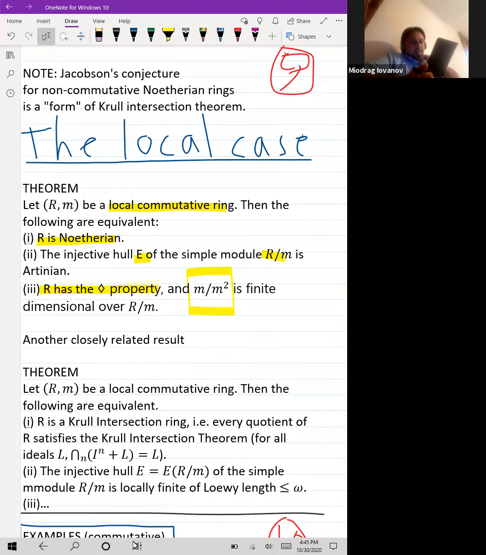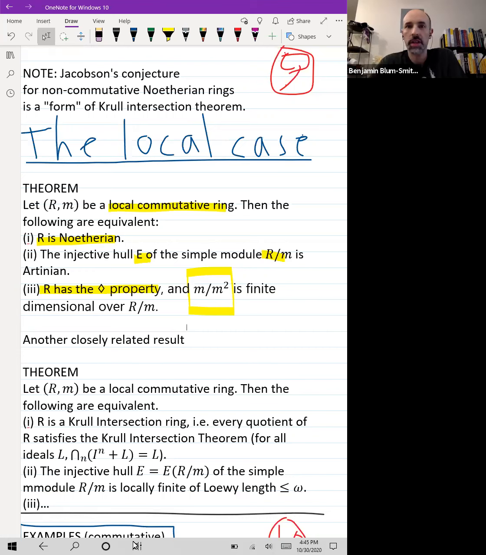Yeah. Nakayama's lemma, right? Okay. But we have to be a little careful. Nakayama's lemma, we usually use it for Noetherian rings, right? I know, that's why I wanted to make sure that the condition m finitely generated is equivalent in this case. If you take an arbitrary local ring, I think it's still true, no?